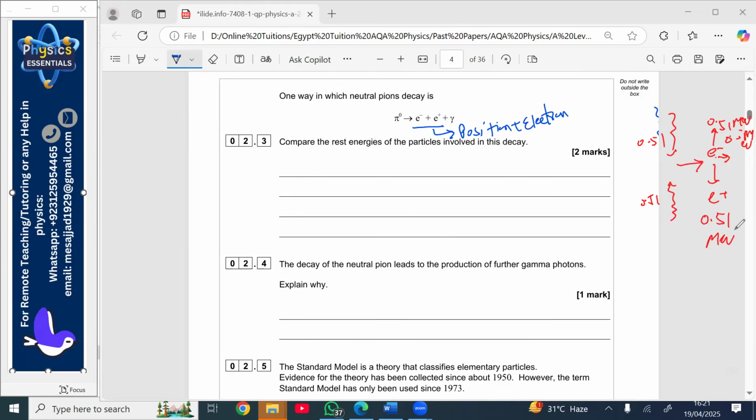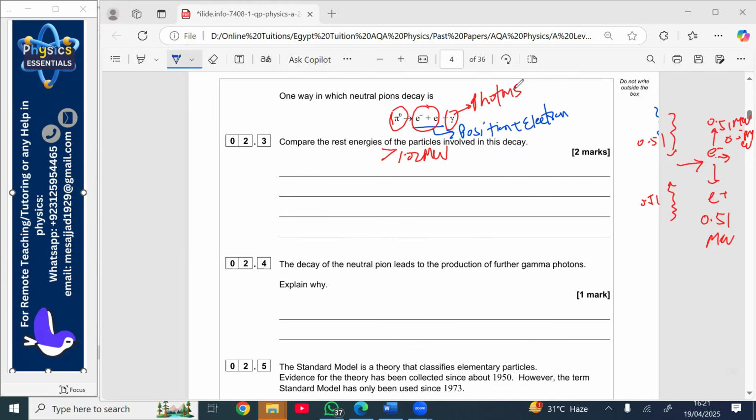So it's quite 100% sure that the pion has energy greater than 1.02 MeV, because it is creating a pair of antiparticle and particle and some extra energy in the form of photons. You can see that one extra photon is created, and a pair of particle and antiparticle is created.